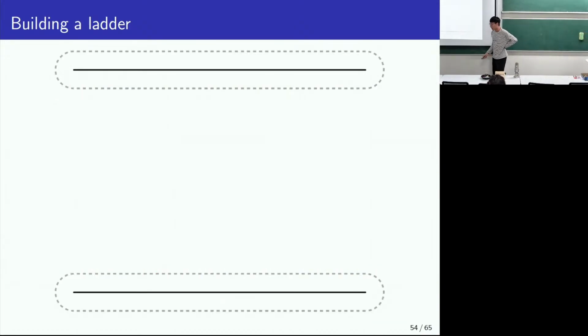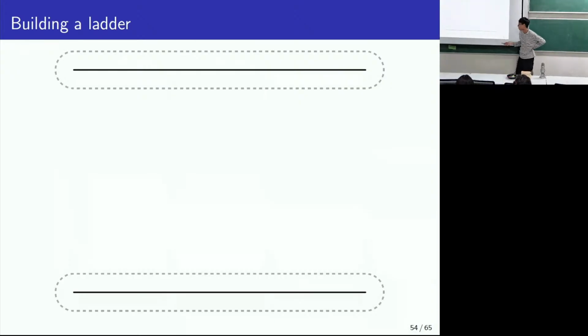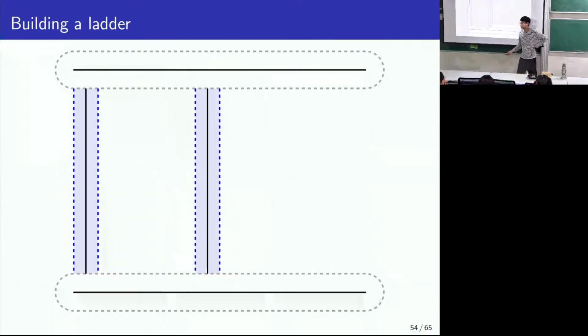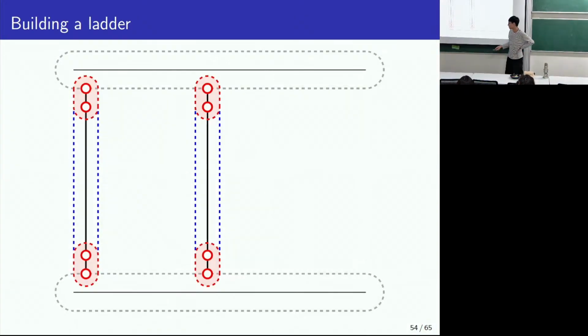Okay, how should I do that? So here are the two paths such that between their neighbors, any separator between them has large independence number. And let's say if there are many non-adjacent paths, we found a ladder here. So we may assume that there is only a bounded number of them. And we remove two vertices from both sides of these paths and their neighbors, and just remove them.